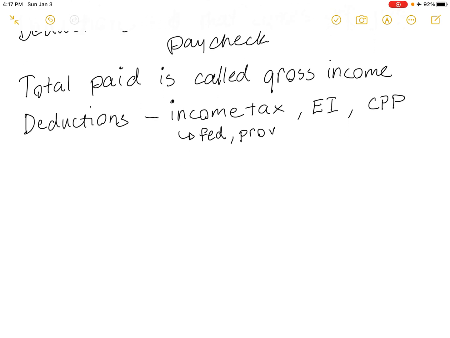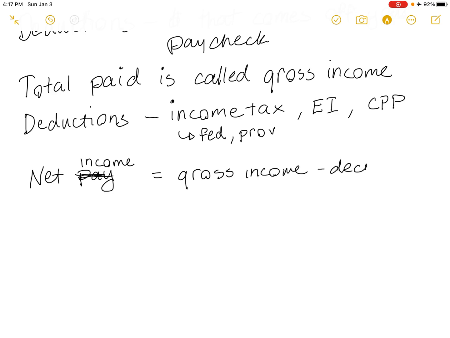Okay, and then what you take home, right? Your net pay is what you get to take home. Or your net, I should say income, it can be called net pay or net income, is going to be your gross income minus the deductions.